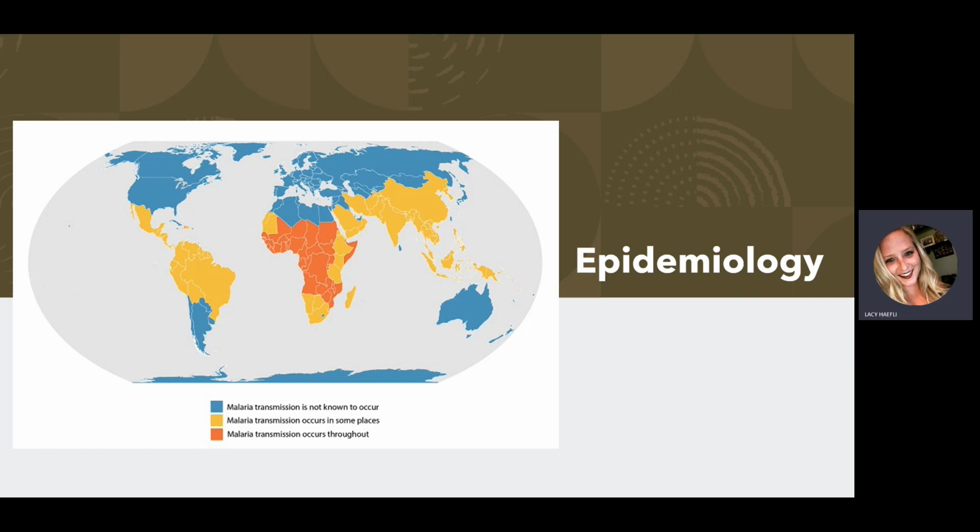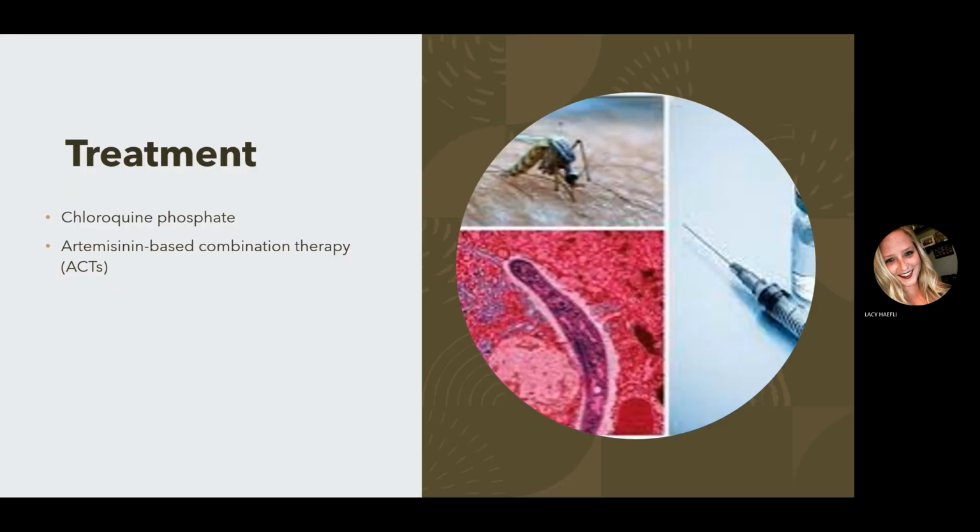So that would be the yellow areas. So what this means is that illness is more frequent amongst all age groups. In the displaced populations, the blue of our map, they are the highest risk for severe illness and death due to there being no acquired immunity.